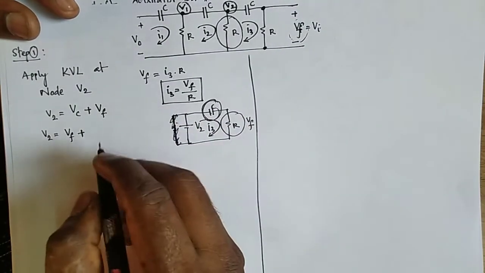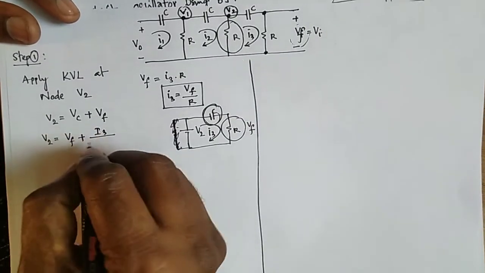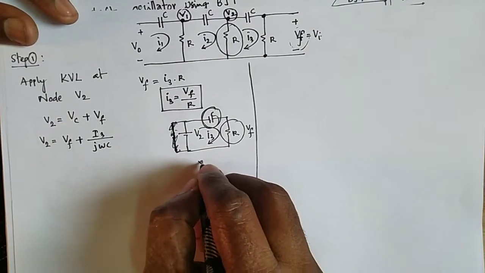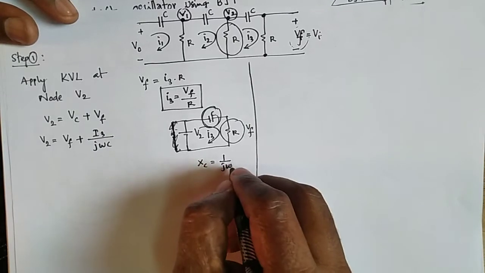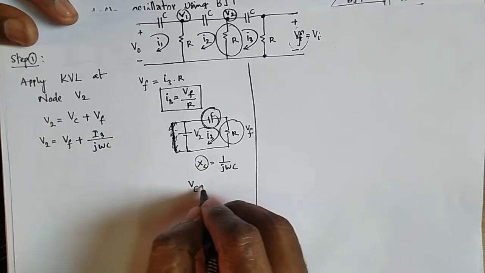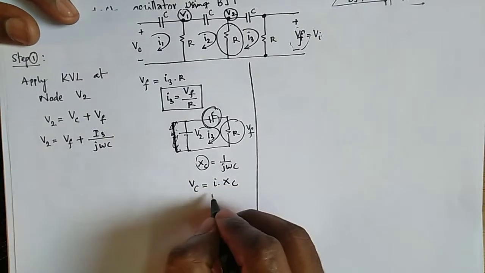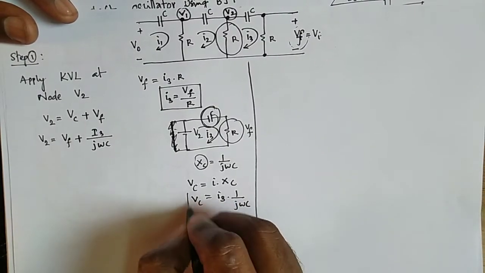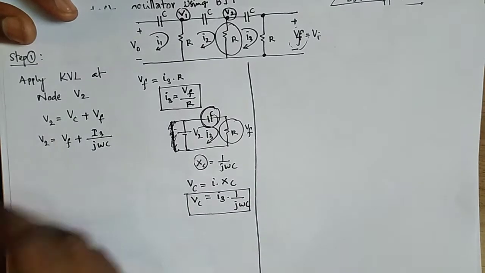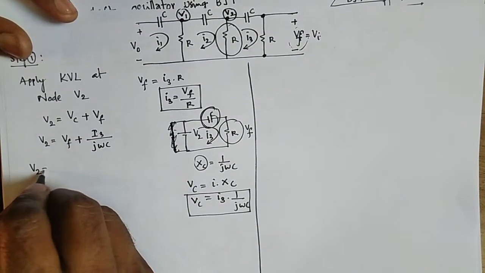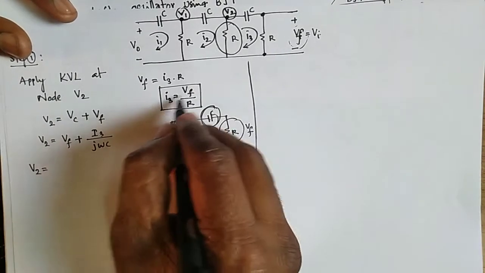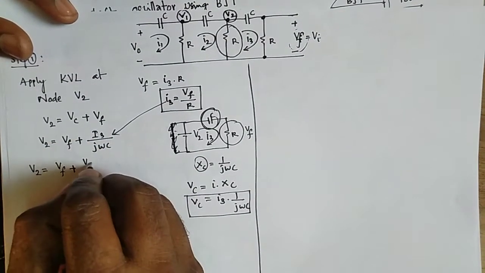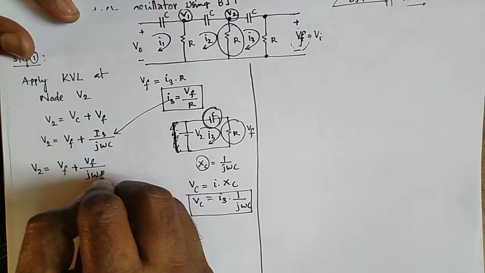The voltage drop across the capacitor is I3 into Xc, where the reactance of the capacitor is 1 by J omega C. Finally, we know I3 is equal to Vf by R. So V2 is equal to Vf plus Vf by J omega RC.